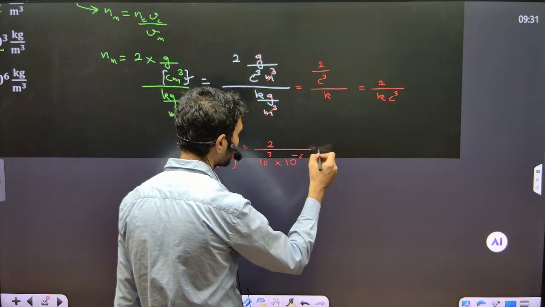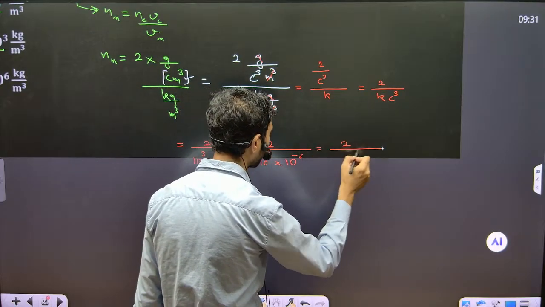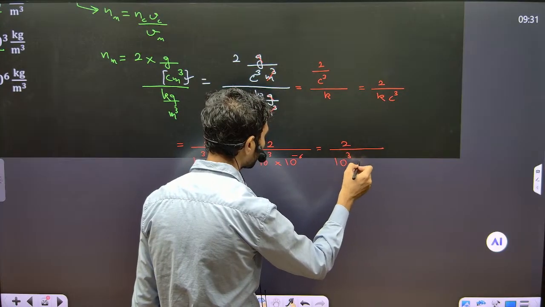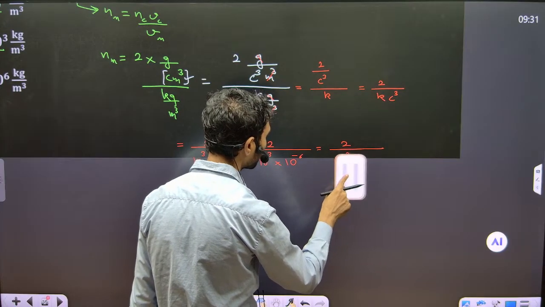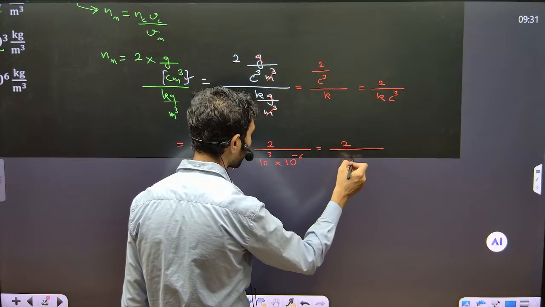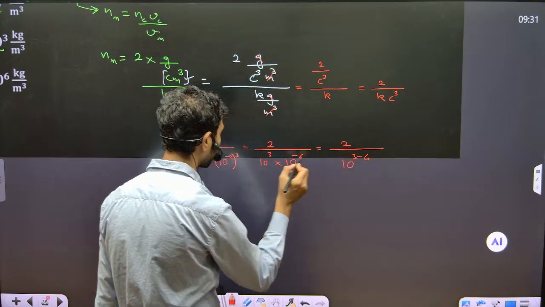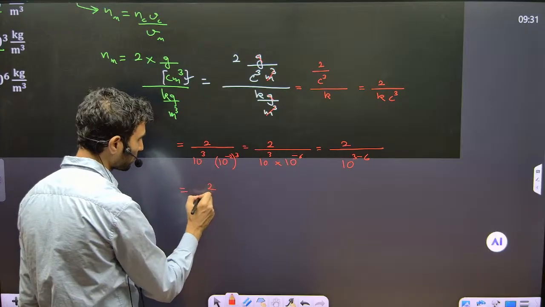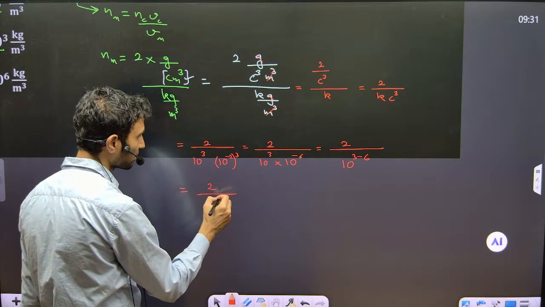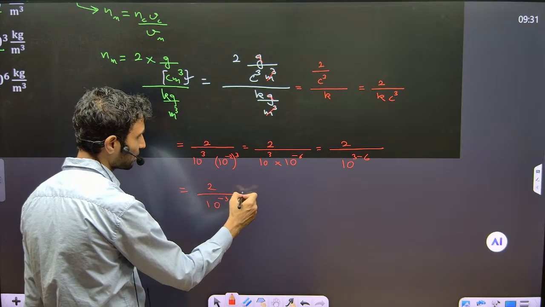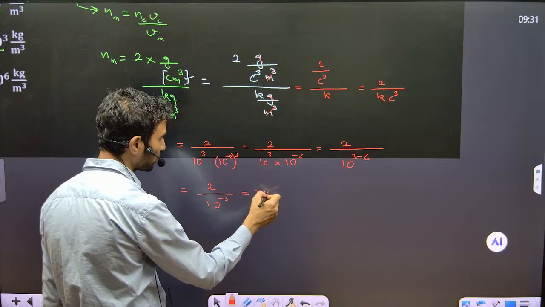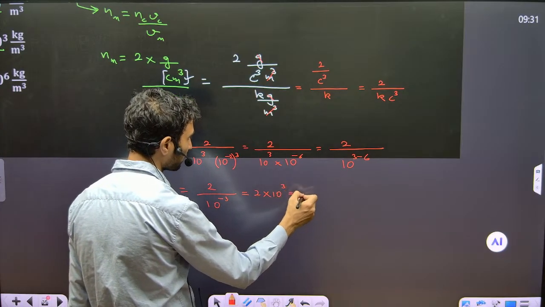So that is 2 divided by 10 to the power 3 into 10 to the power minus 6. So that will in turn become 10 to the power 3 minus 6. So that is 2 divided by 10 to the power minus 3. That goes up, it becomes 2 into 10 to the power 3, which is nothing but 2000.